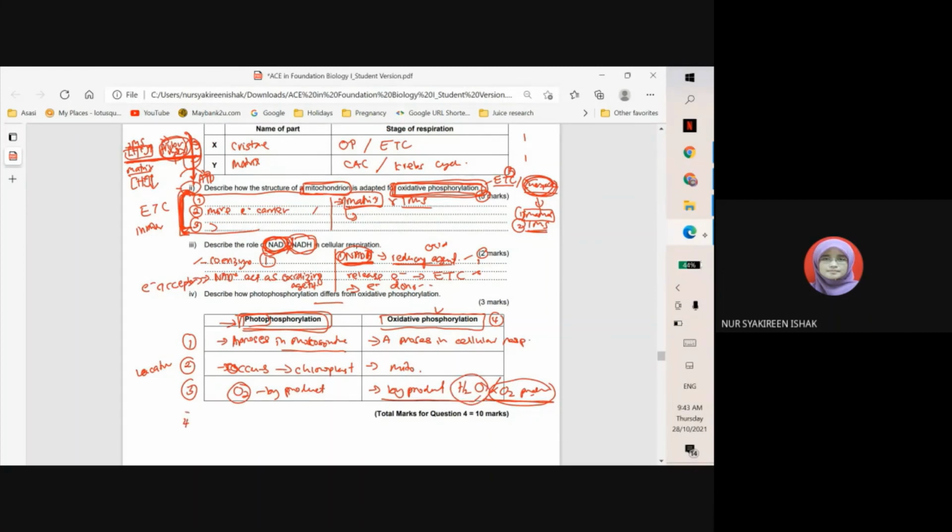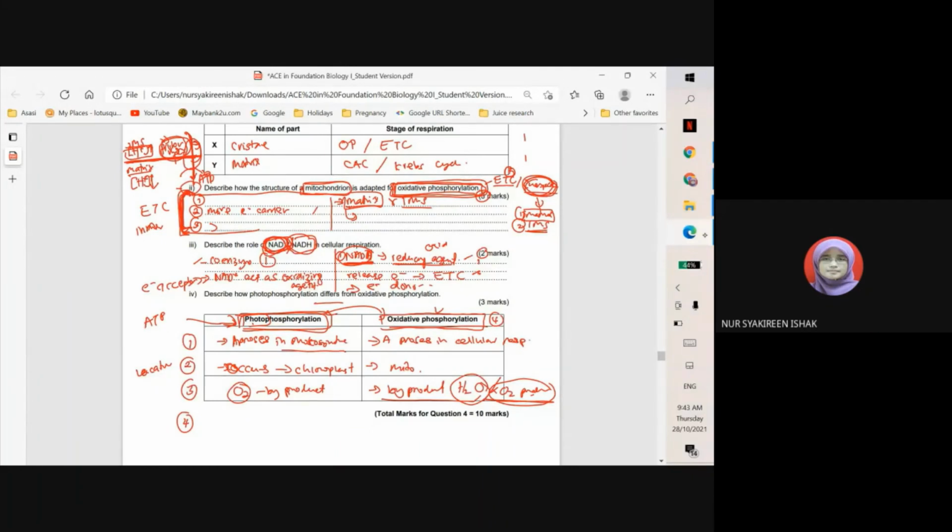Okay, so other difference that you can also include is the location where ATP is produced. Both of these processes, photophosphorylation and oxidative phosphorylation, matlamat dia, purpose dia adalah untuk menghasilkan ATP. Okay, so for photophosphorylation, the production of ATP will occur in the stroma.